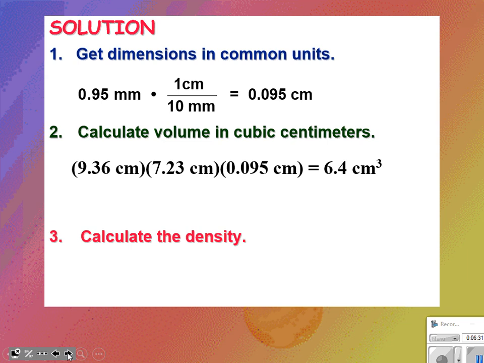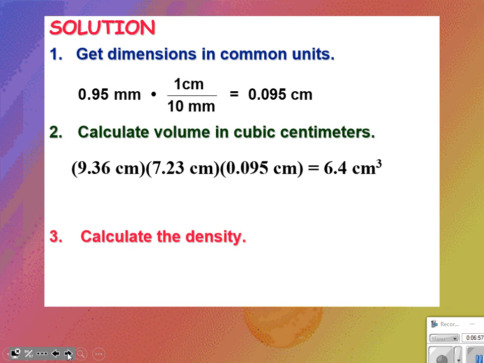6.4 cubic centimeters. Now, here's one point that I go by. This number right here, I'm assuming is rounded. When I do my rounding, I do not round until my final answer.